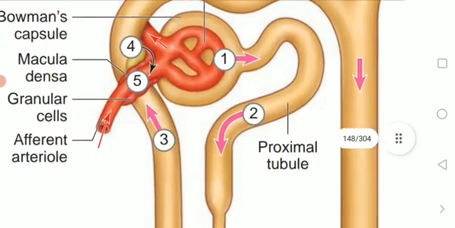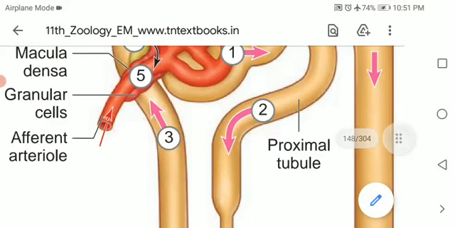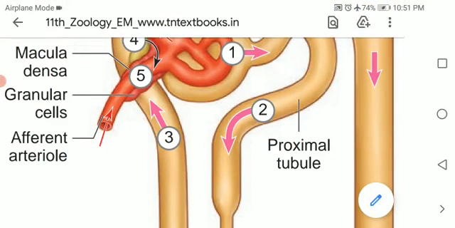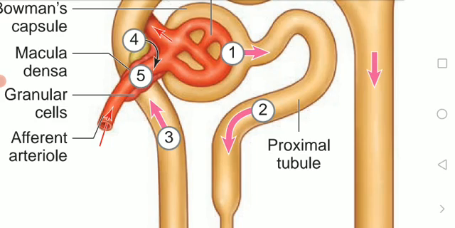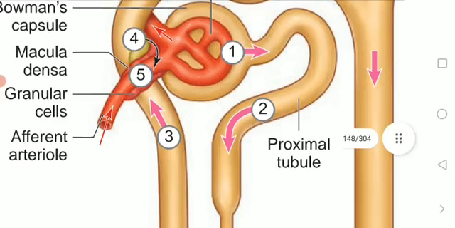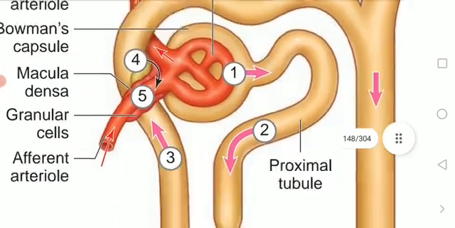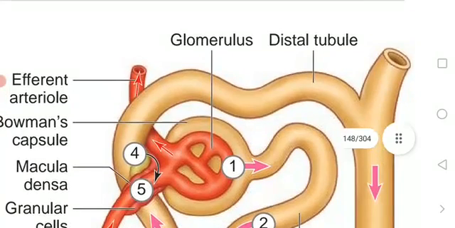The first step in urine formation is the filtration of blood that takes place in the glomerulus. This is called glomerular filtration.